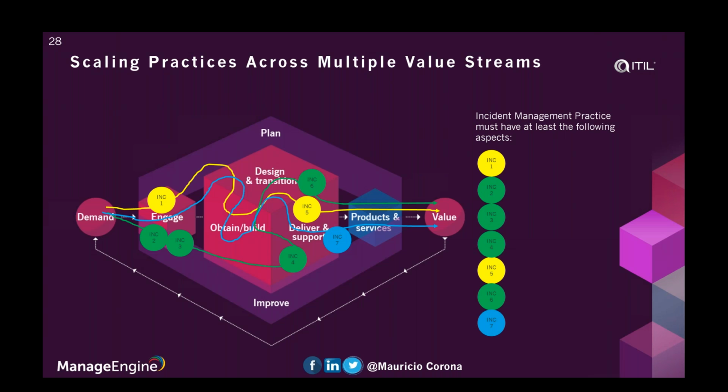This is one very nice way to depict that, because people who are starting to get into the ITIL 4 courses then go outside and say, hey Mauricio, how can I map my value streams on, for example, an incident? And this is just one sample.